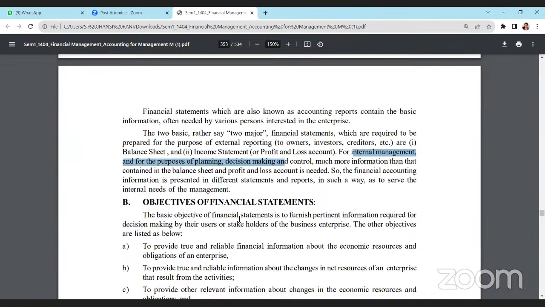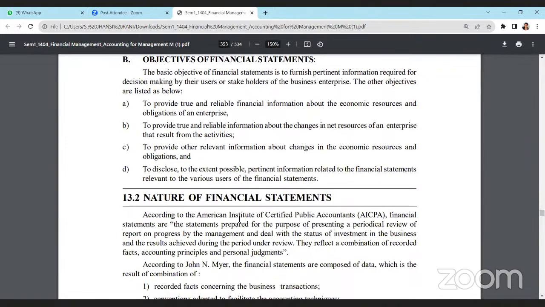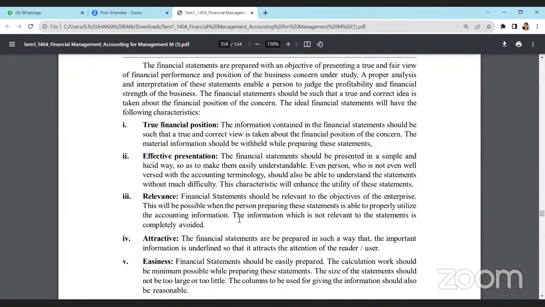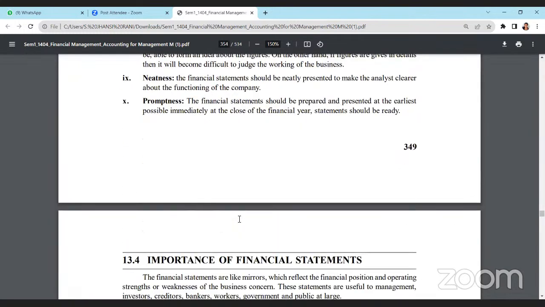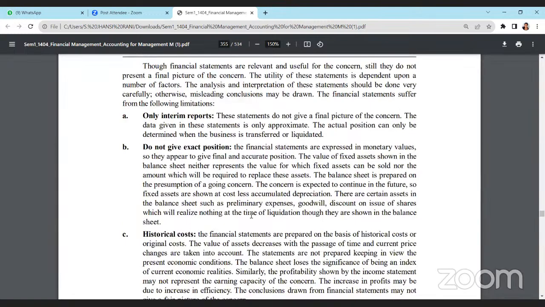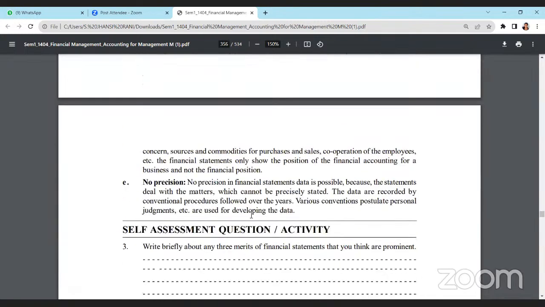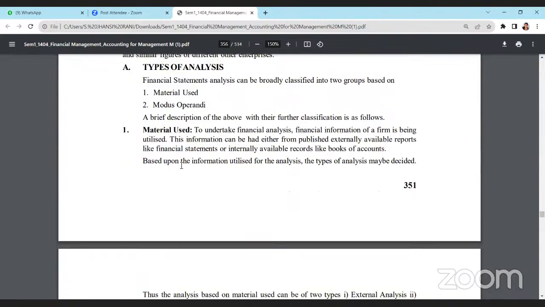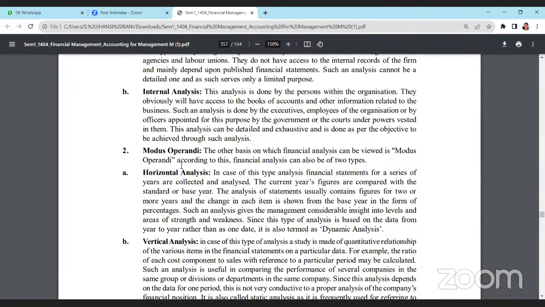So for that also they require it, yes or no? Then how to know that? By preparing, actually, three things: a comparative statement, a common size statement, and trend analysis.